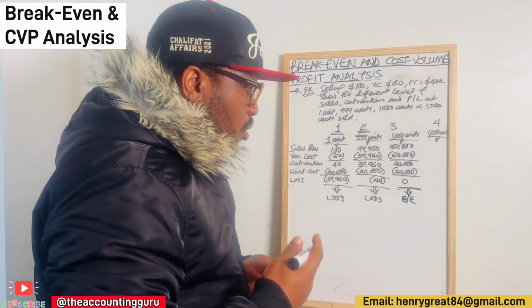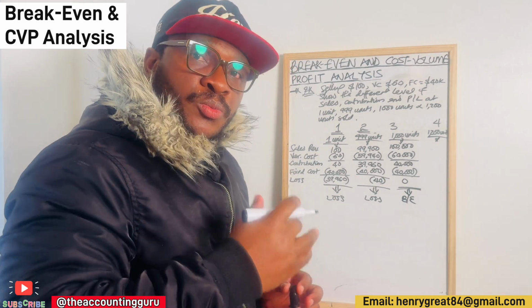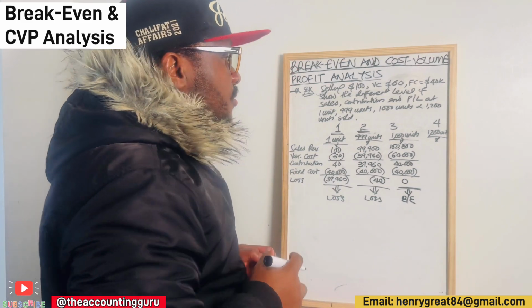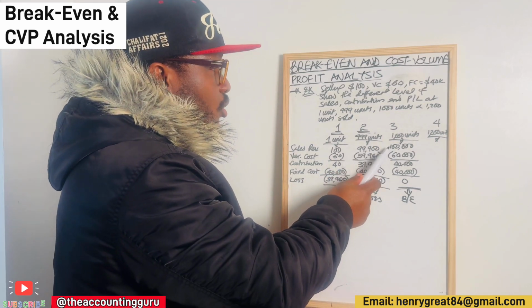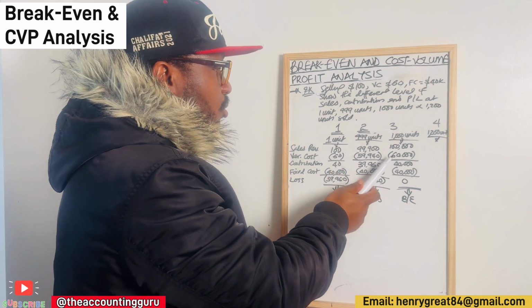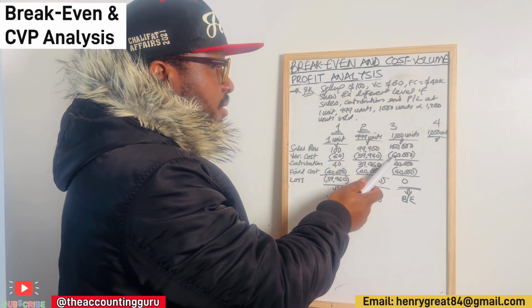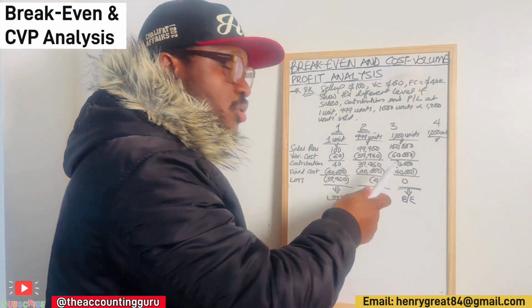Why? Because in level 3 there was no loss, and there was no profit. Good, perfect. Look at it again. Total revenue, which is sales revenue, was 100,000. Total cost, which is variable cost plus fixed cost, 60 plus 40 is 100. So 100 is equal to 100.